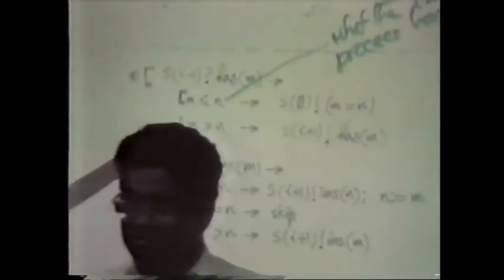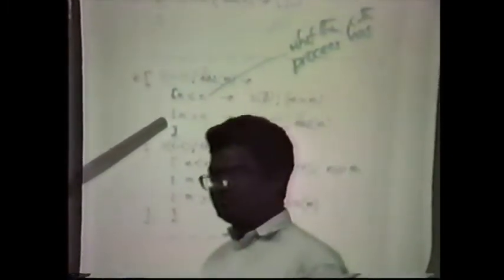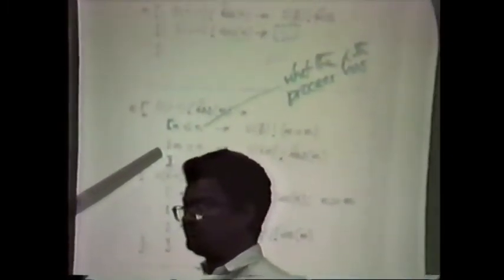On the other hand, if this question is about m greater than the number n that I'm holding, then you ask your higher neighbor. And it is the responsibility of that higher neighbor to answer. You know this so far?